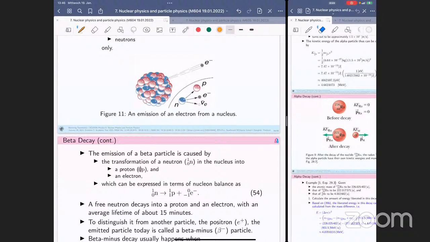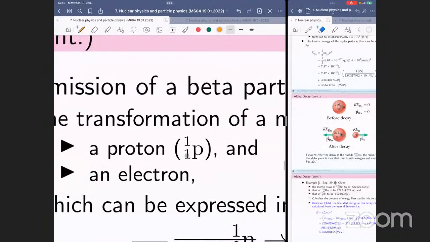For the proton, we have the notation p with 1 and 1. This is the location of the proton number, and this is the location of the number of nucleons. The particle is a single proton, so we have 1 here, and the proton is one of the nucleons, so we have A equal to 1 here.